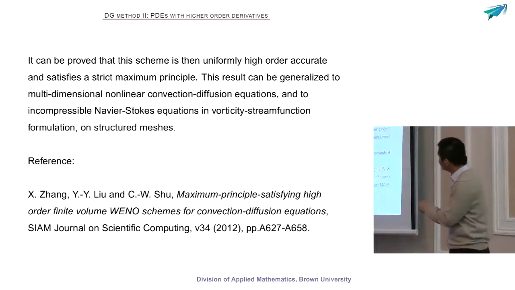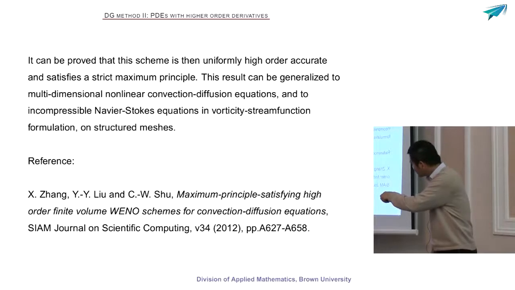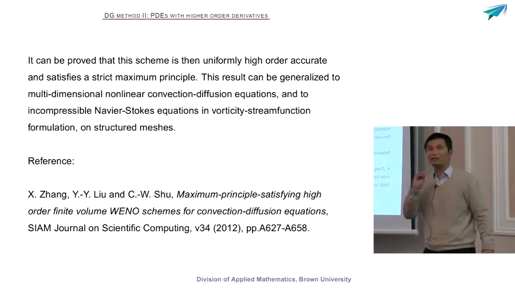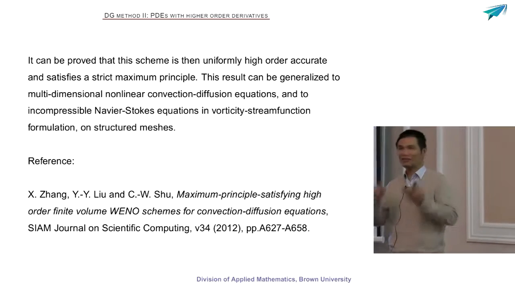For this scheme, I will not explain the details here, but you can basically take the maximum principle preserving or positivity preserving technique I explained on Friday directly over. Very little change. In other words, you have the reconstructed polynomial, you limit them at some quadrature points, and that's enough.